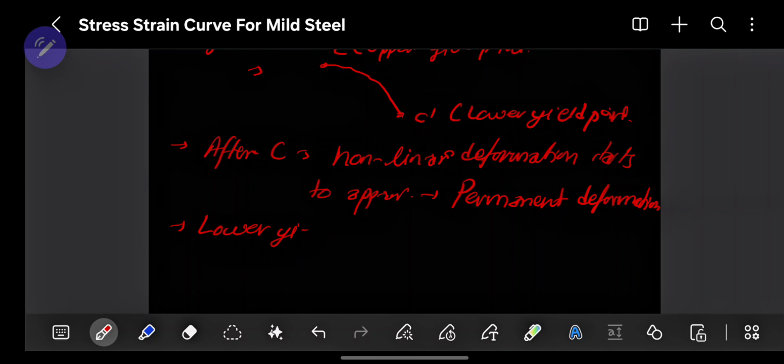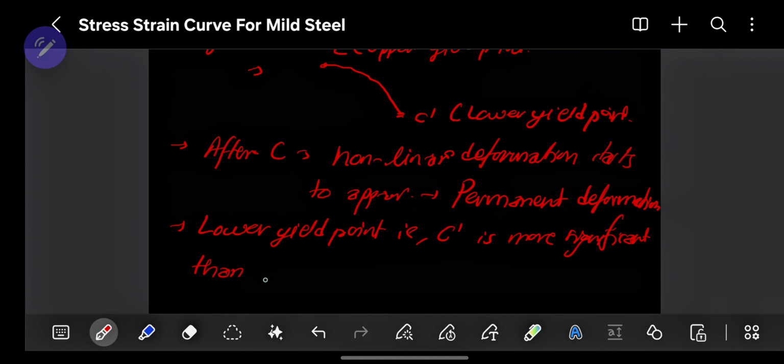Here the lower yield point, that is C dash, is more significant than the upper yield point for engineers.